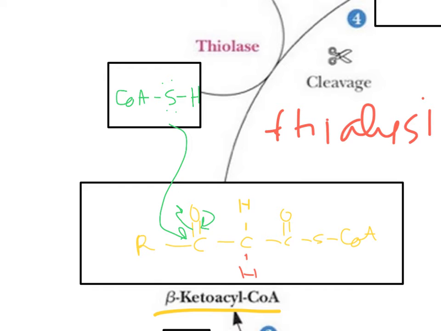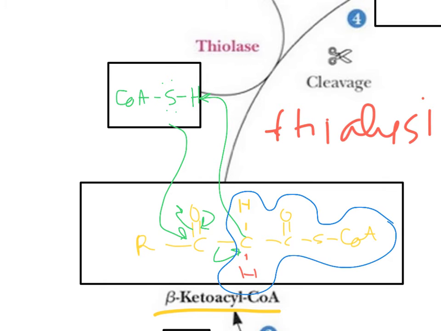Oxygen's up, oxygen's down. This is actually going to break a carbon-carbon bond. We're not going to actually talk too much about that, but I'm just going to grab this hydrogen so that you can see right here is the acyl-CoA that is leaving.